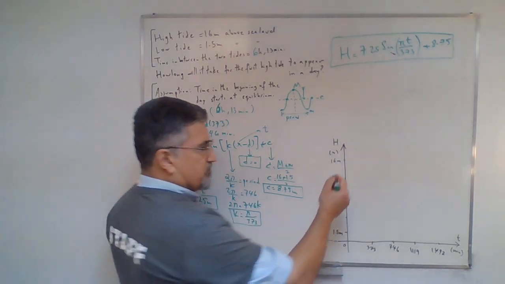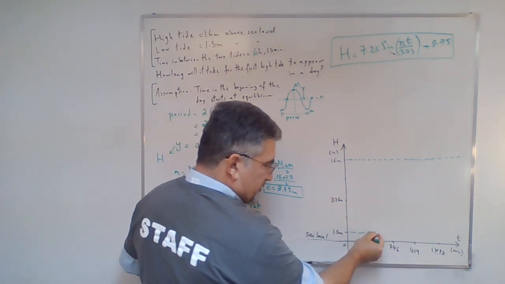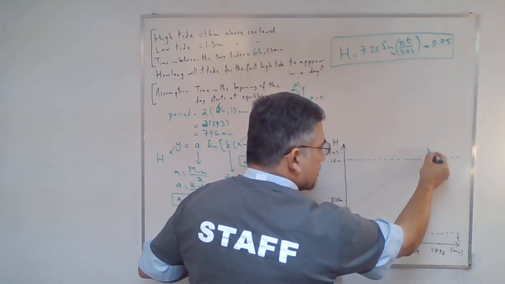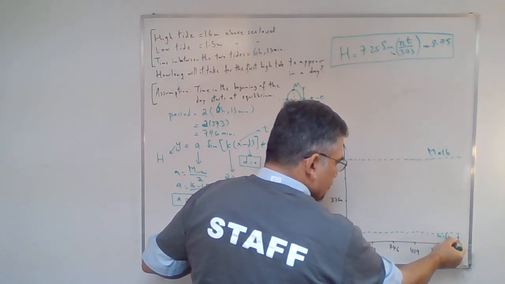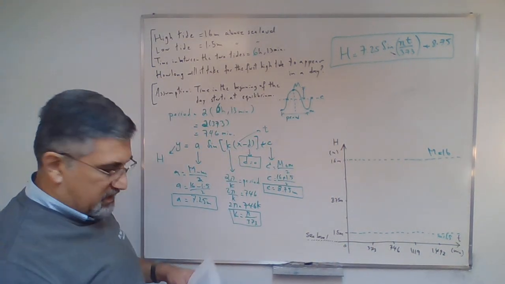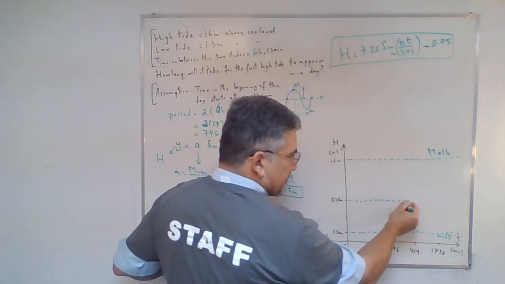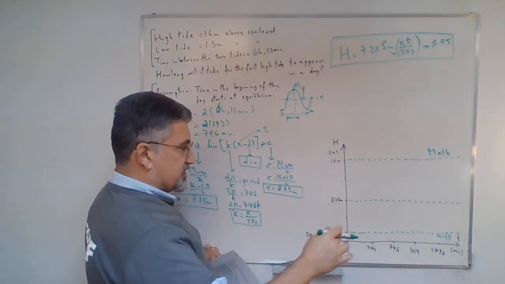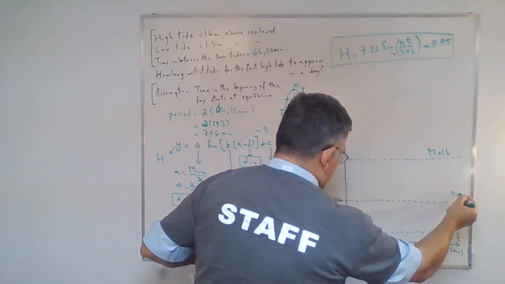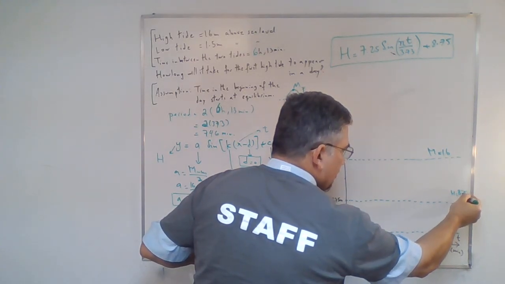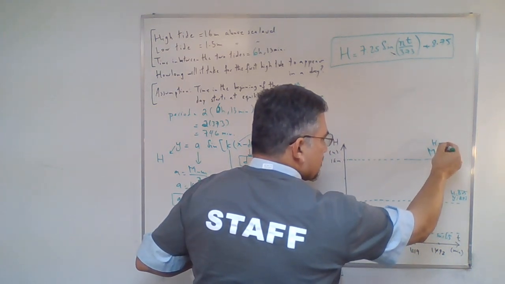We know that the maximum value is 16 meters, so this is the maximum line, and the minimum line is 1.5 meters. So these are the max line, which is 16 meters, and the minimum line, which is 1.5 meters. Whatever happens is happening in between these two. And 8.75 was the axis of the curve, basically. So I can write the equation as h equals 8.75, and this would be h equals 16.